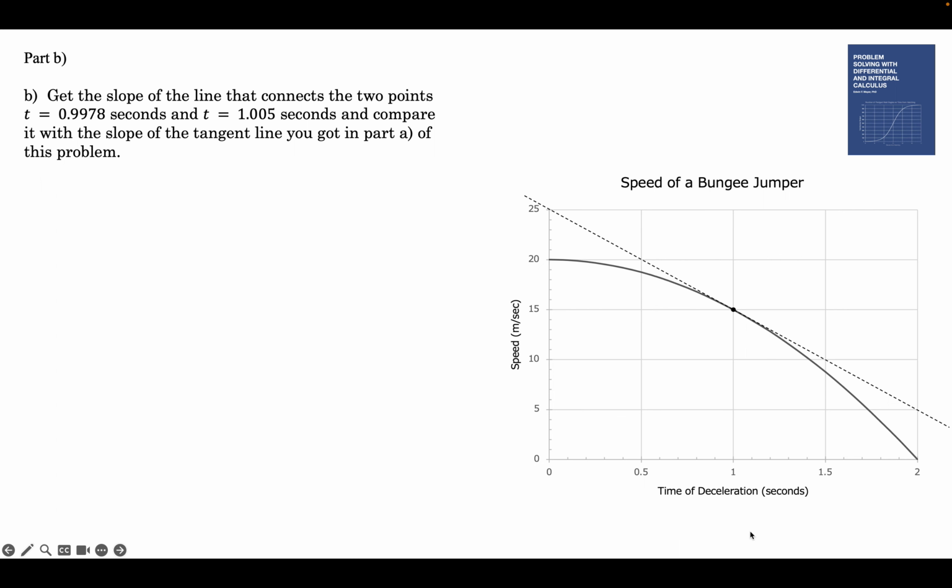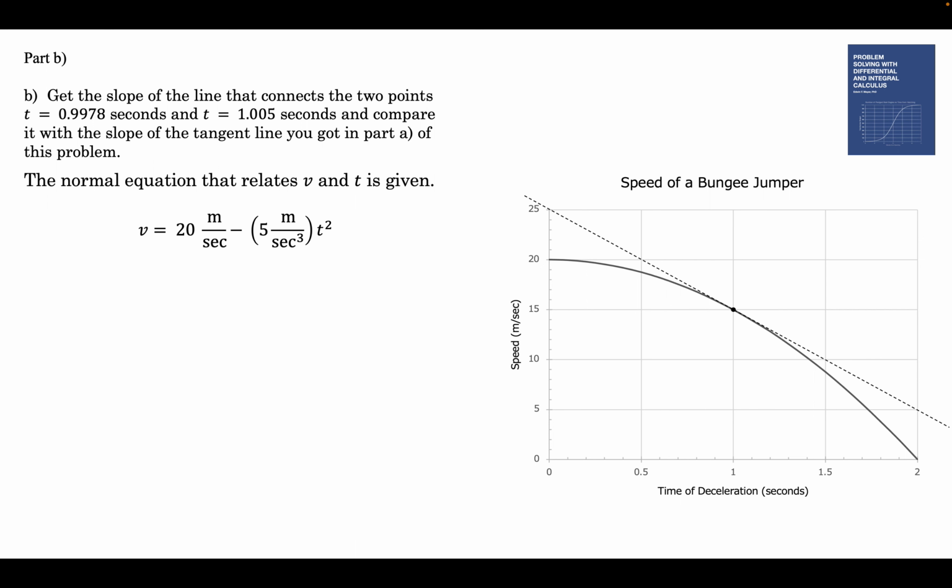On to part B. Get the slope of the line that connects the 2 points t equals 0.9978 and 1.005, and then compare it with the slope we got from the tangent line. Any 2 points that are very close to 1 don't have to be symmetric around 1 second. As long as they're close to 1 second, if you connect them and get the slope between them, it's going to be very close to the slope of the line itself. So the normal equation is this, and we can plug in any t we want.